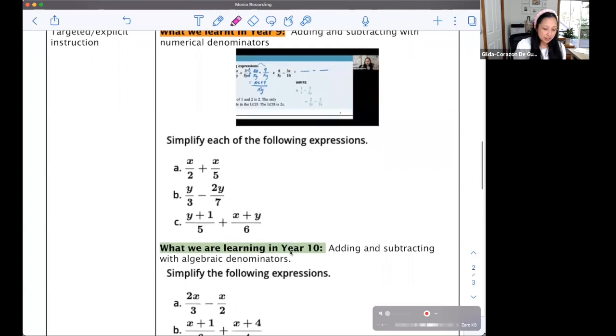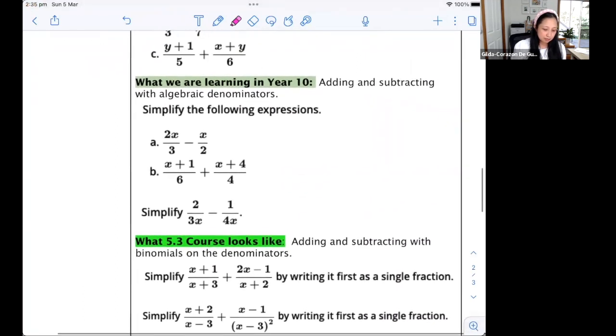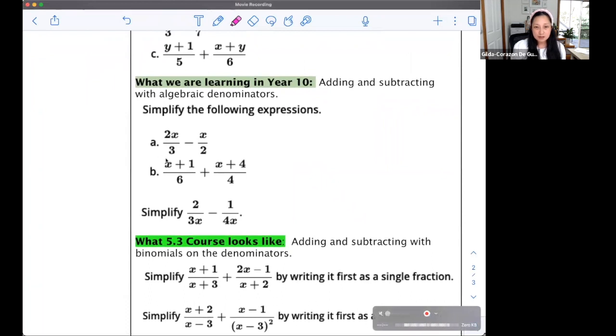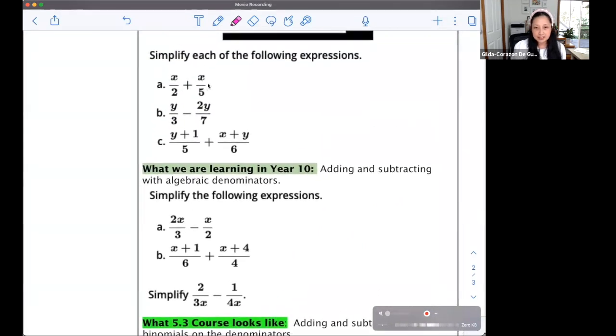What you will be learning this year would be fractions that also have numerical denominators, but they would look a little more complex than what we were learning then, okay?